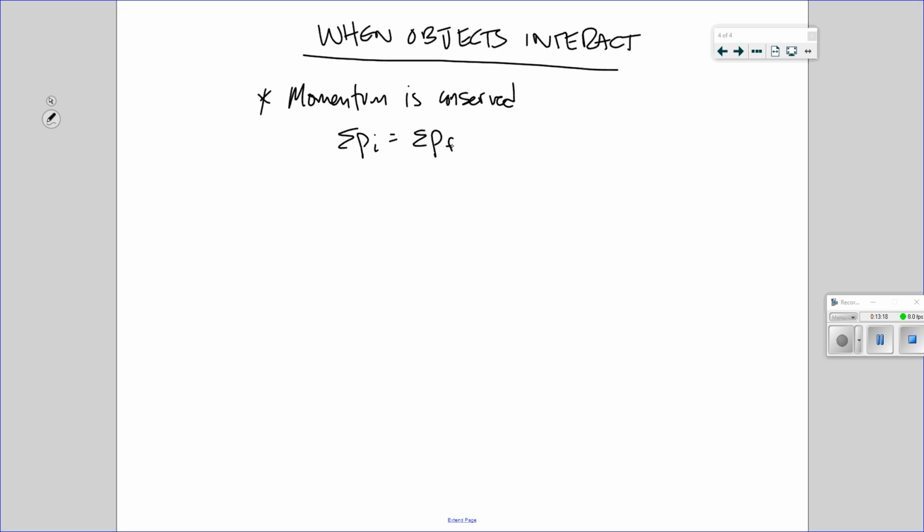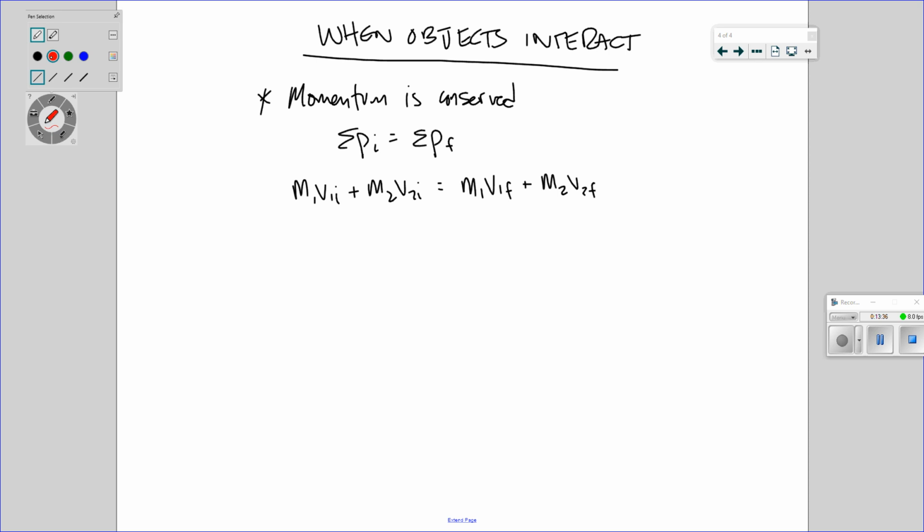And then usually we would do this. Here's the first object's initial momentum. Here's the second object's initial momentum. Here's the first object's final momentum. Here's the second object's final momentum. All right, and we would start with something like that where we would be careful with direction.